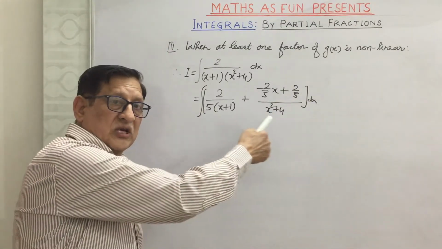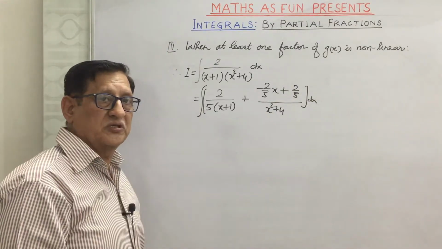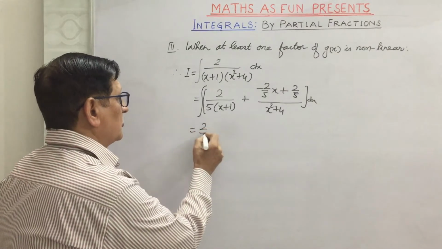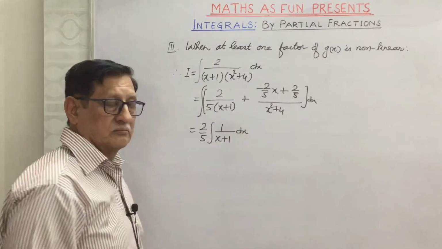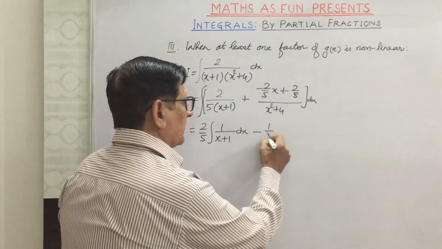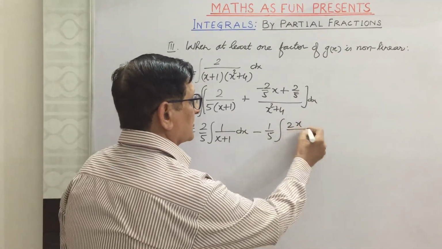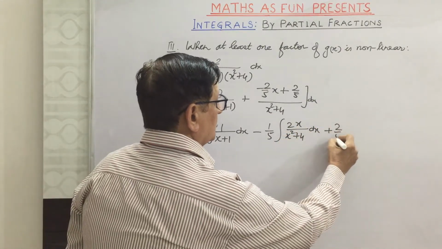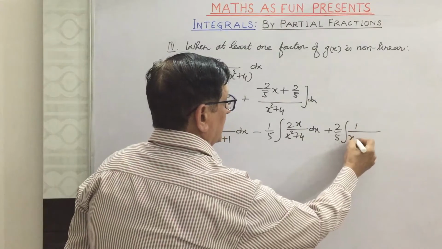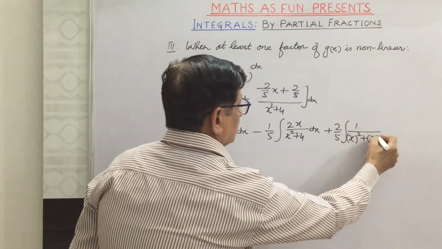We can separately find out the integrals of each. We can write this as 2 upon 5 integral of 1 upon x plus 1 minus 1 upon 5 into 2x upon x square plus 4 and plus 2 upon 5 into 1 upon x square plus 2 square.